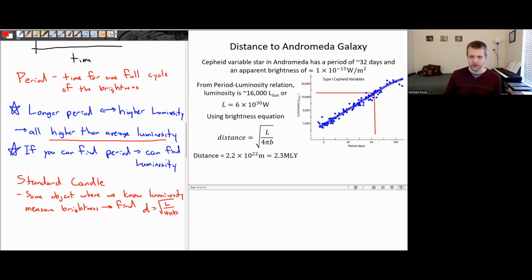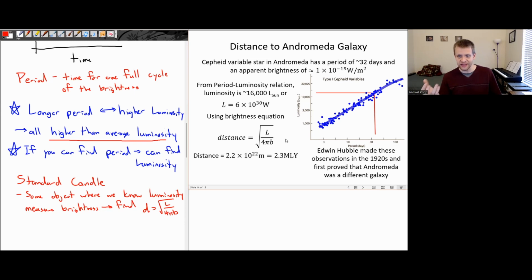And this Cepheid variable star, in this fuzzy object on the sky, is at 2.3 million light years away. So this was the first measurement, in the 1920s, that actually proved that Andromeda is, in fact, a separate galaxy and not just some fuzzy object inside of our own galaxy.